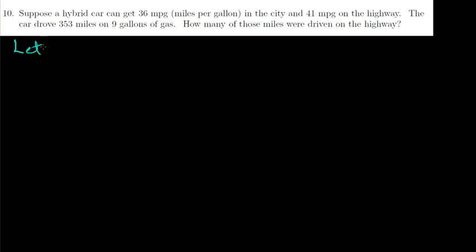So, there we go. Let X be the number of miles, or if you want to use H for highway, that's fine. So let H be the number of miles driven on the highway.